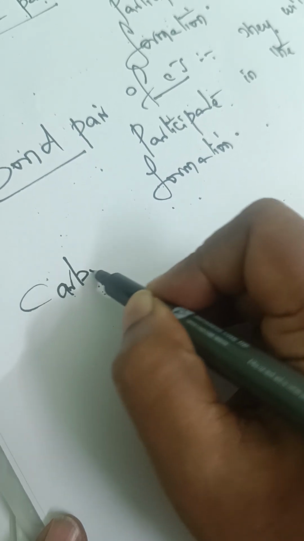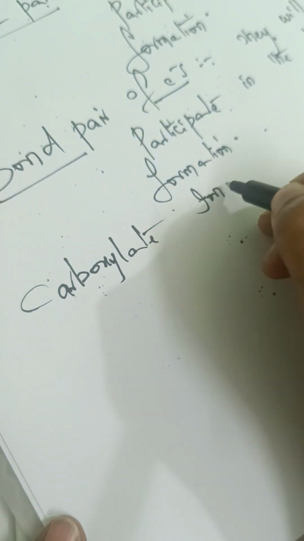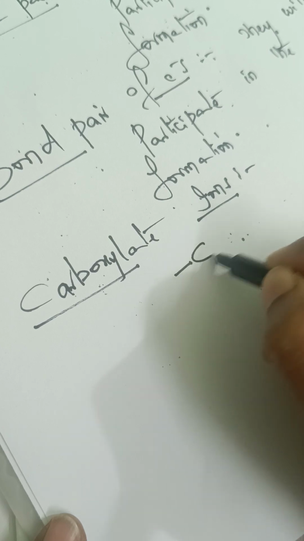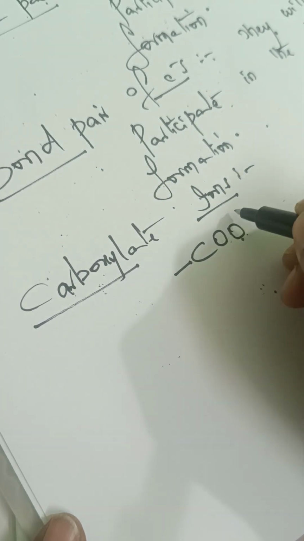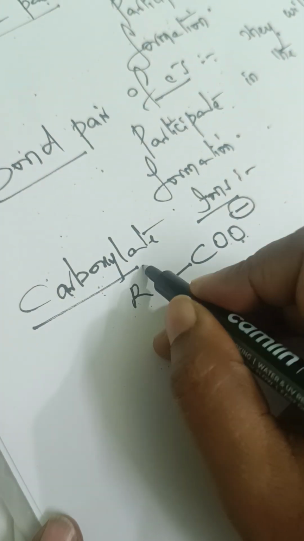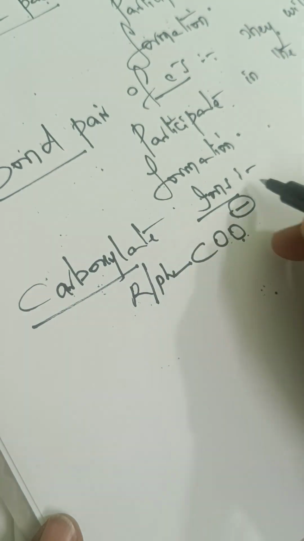Carboxylate ions. In the textbook they have given it like this: bond COO minus, with alkyl or phenyl. Now how are we getting this structure?